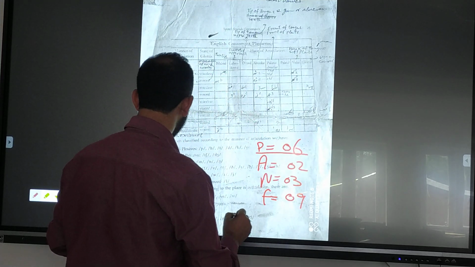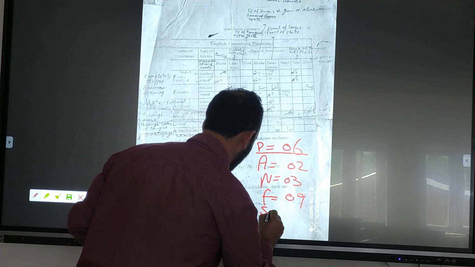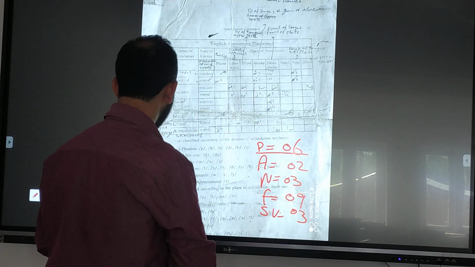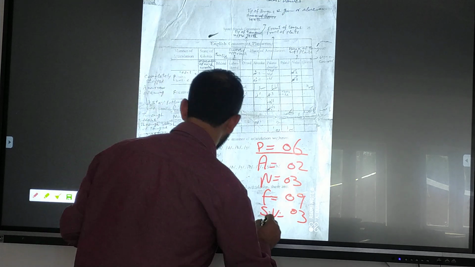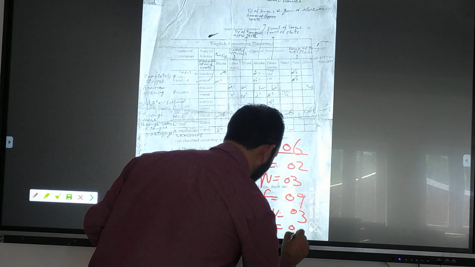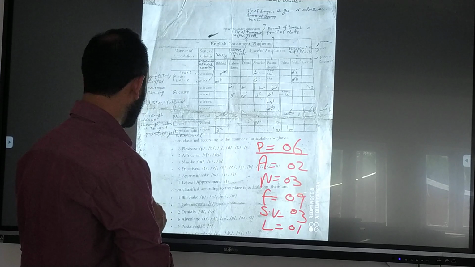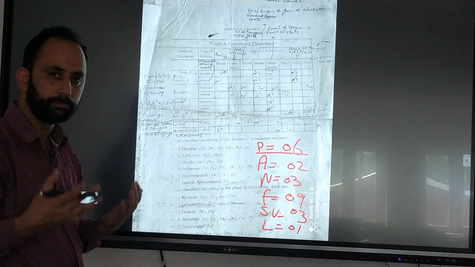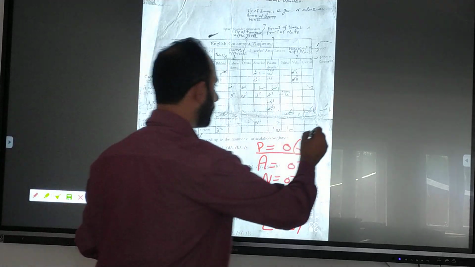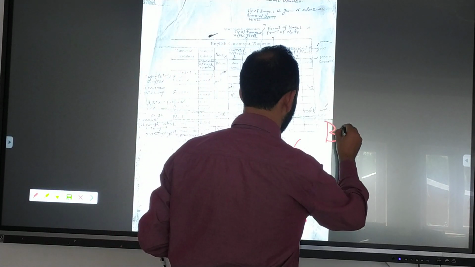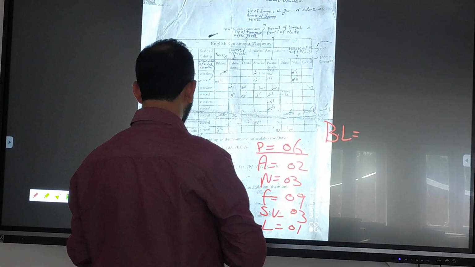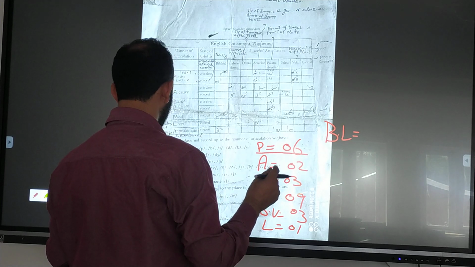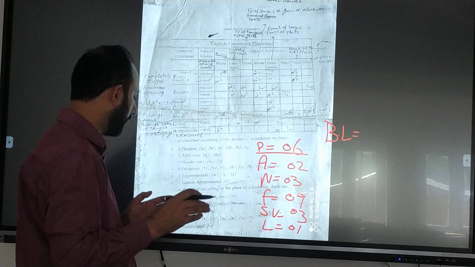In the same way I told you that semivowels are 3, and lateral is only 1. I think that you have understood this. And on the basis of place of articulation, I told you that there are only some bilabials, that is po, bo, to. I will explain you.